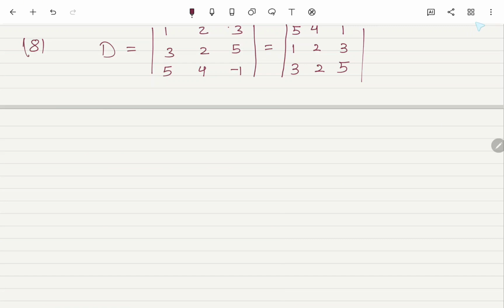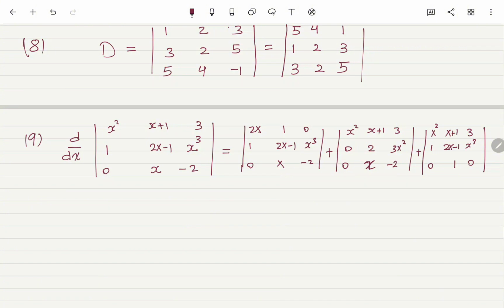Example: if we would like to differentiate this determinant right here, let's first differentiate the first row and keep the other rows as is, plus differentiate the second row and keep the first and third rows as is, plus differentiate the third row and keep the first and second rows as is. So this is how the derivative of a determinant works.